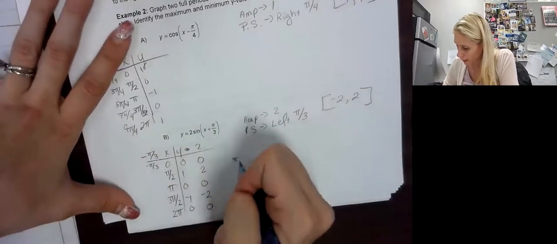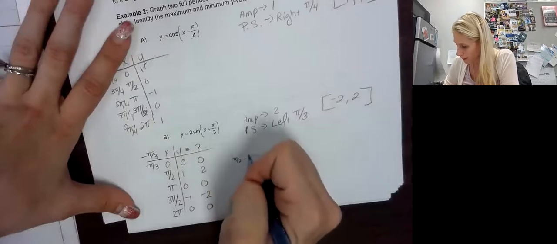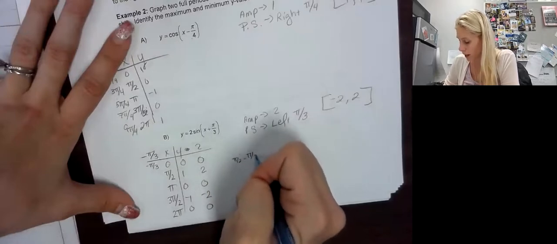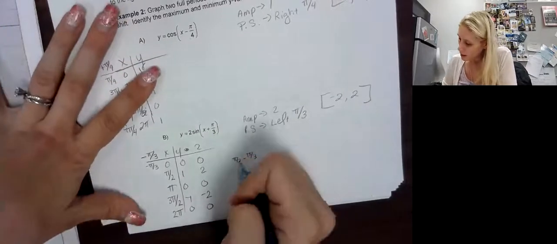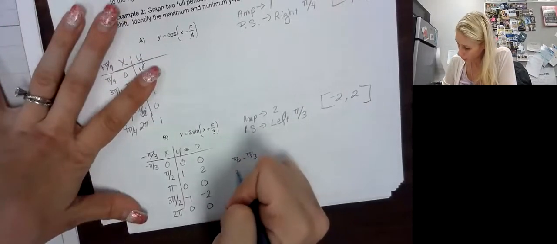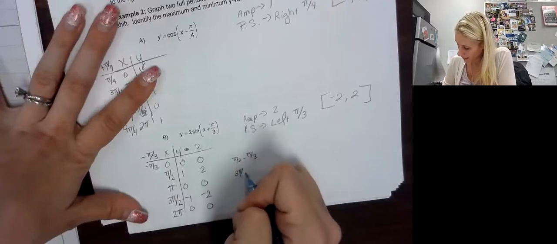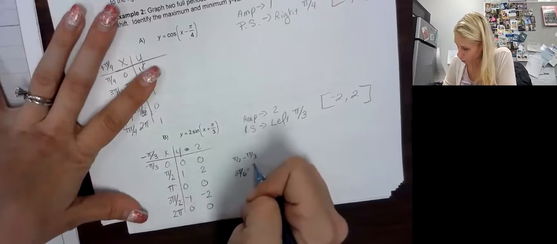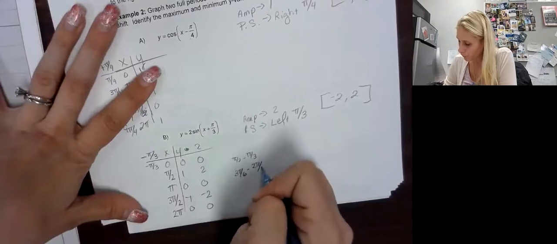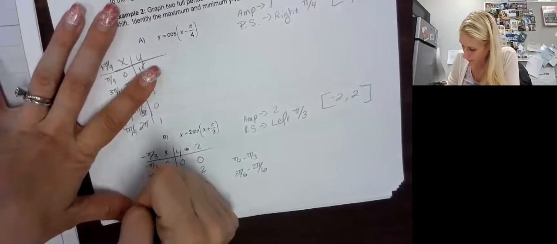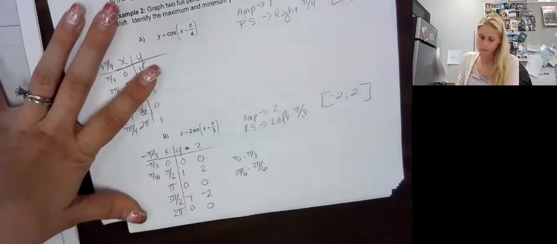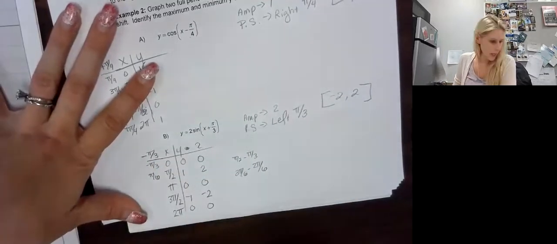So I'm looking at pi over 2 minus pi over 3. The common denominator, of course, is 6. So we get 3 pi over 6 minus 2 pi over 6, which of course then gives us pi over 6. Okay, do it again.